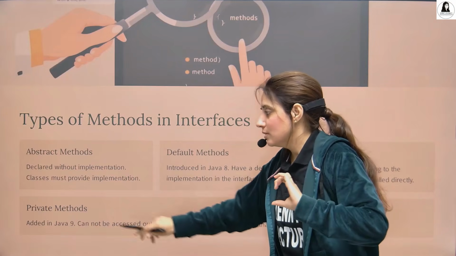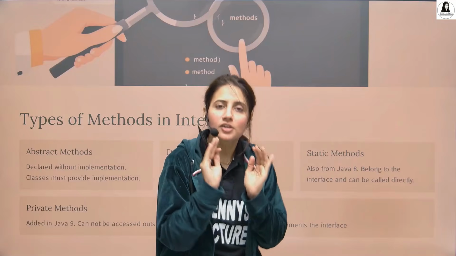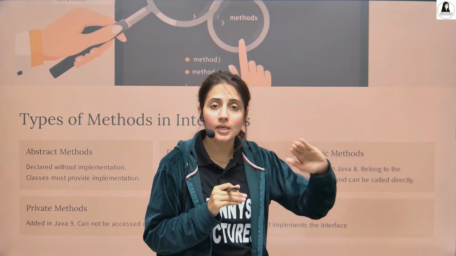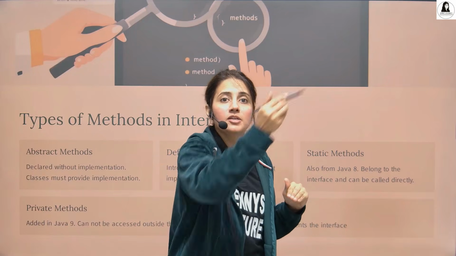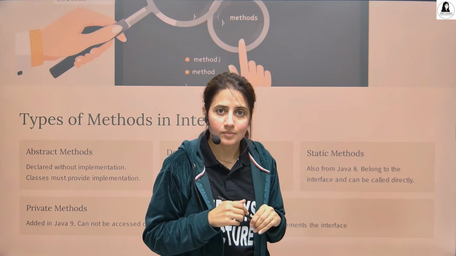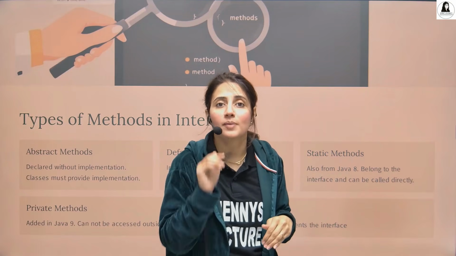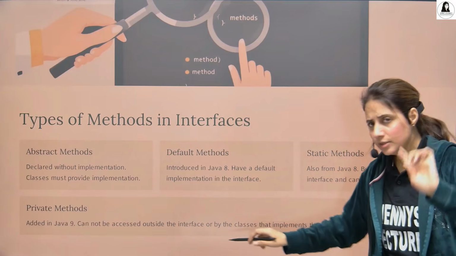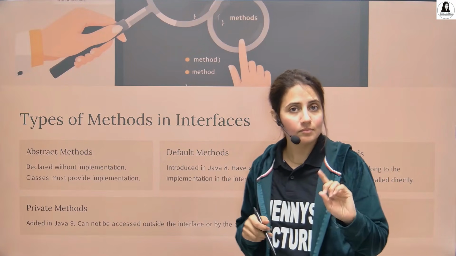As the name tells you, these private methods are private to the interface, meaning they cannot be accessed outside of the interface, and they cannot be inherited by the class that implements that interface. Even that class cannot access those private methods.